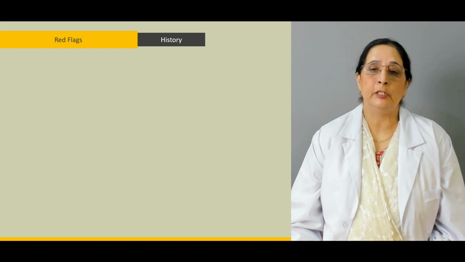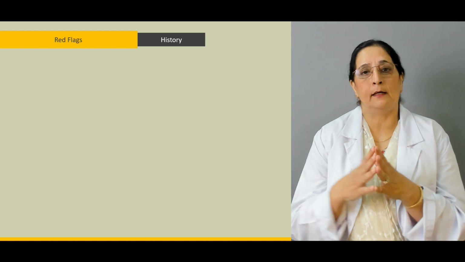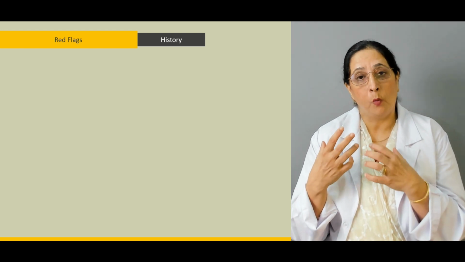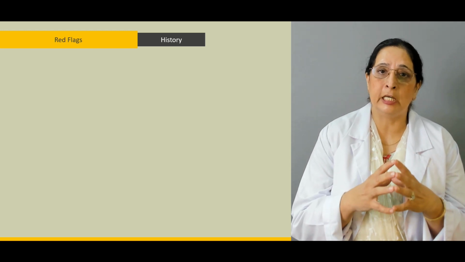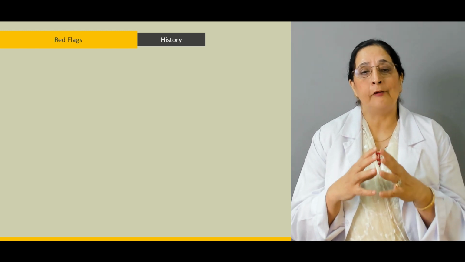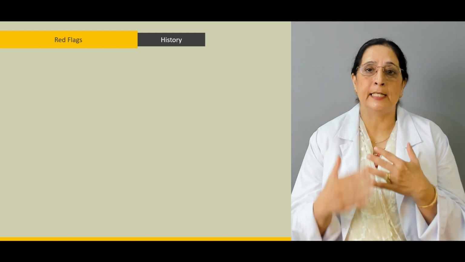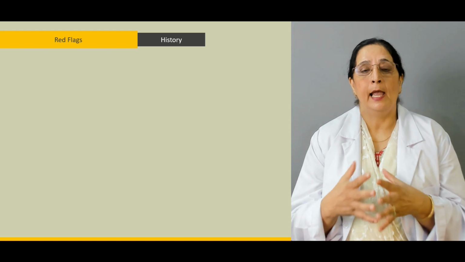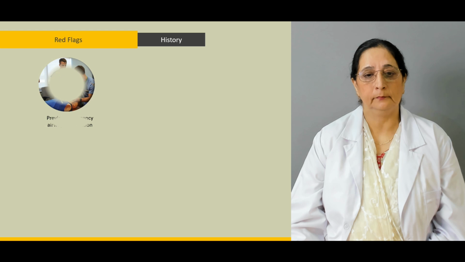Next, we will talk about some red flags. Red flags are the warning signs, we can say, that if the patient has in the history, we should pay attention to, to prevent anaphylaxis. What are those?